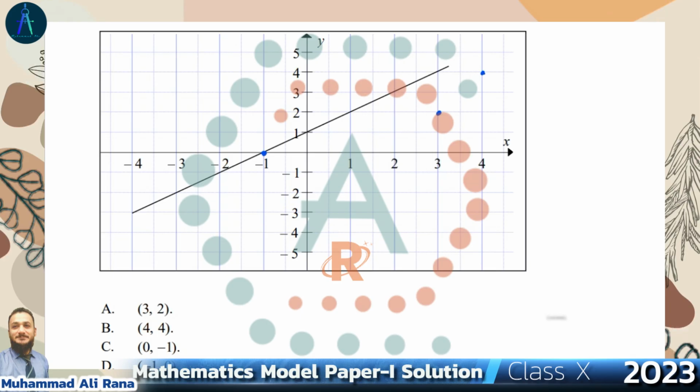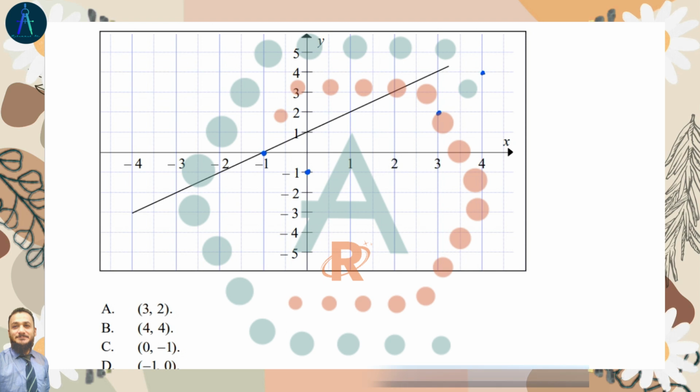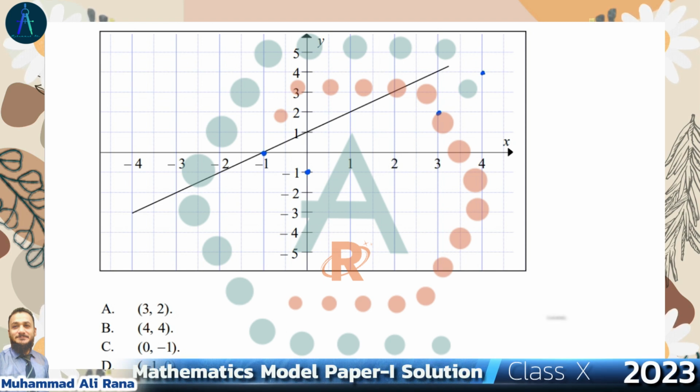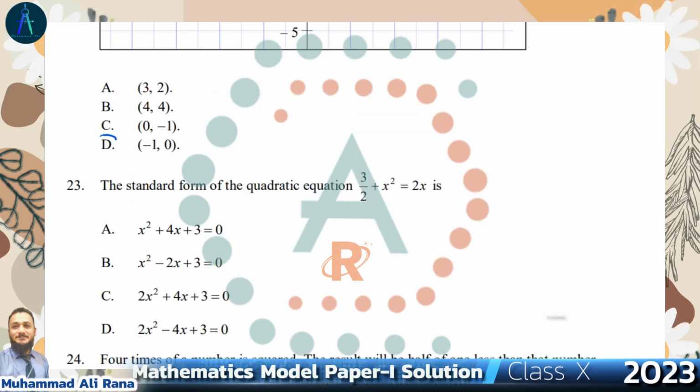So the third point will be 0, -1, which comes here, and the last point is -1, 0, which lies on the line. So our right answer will be option A.